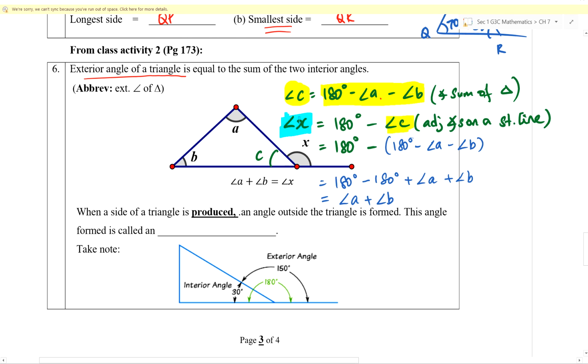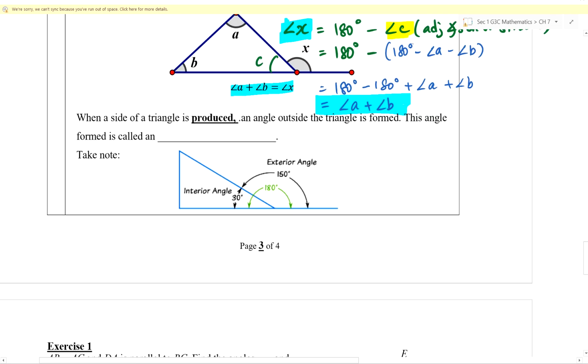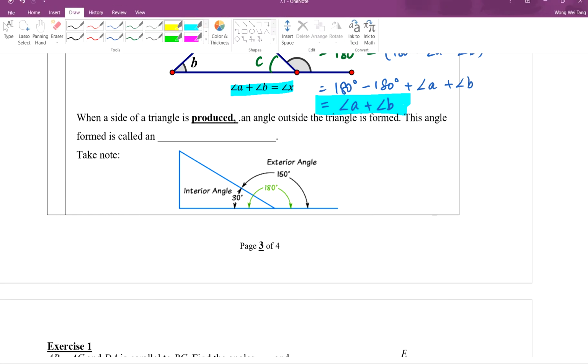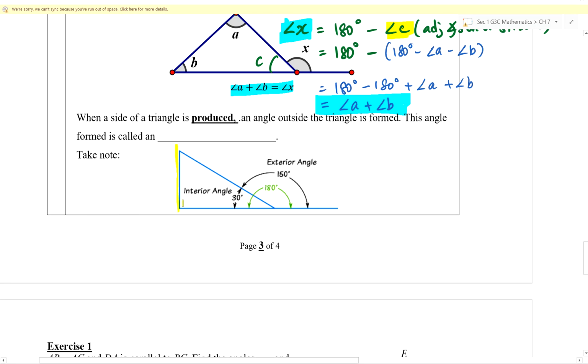Angle X is equal to angle A plus B, as shown over here. When we want to use this property, we write down exterior angle of triangle. So here we have, like what I mentioned earlier on, when the side of a triangle is produced. So this is our triangle.